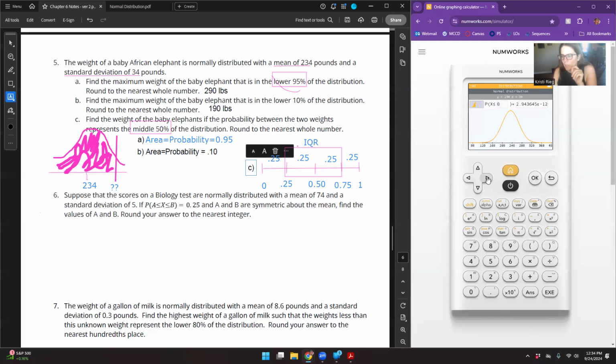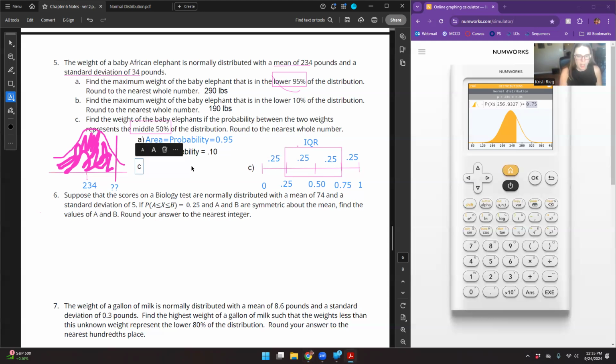Okay, so I want to start with 75%. Okay, just put whatever. Go back. 75%. And that X is 256. Oh, that's what I was even trying to find. Oh my goodness gracious, I didn't read the problem correctly.